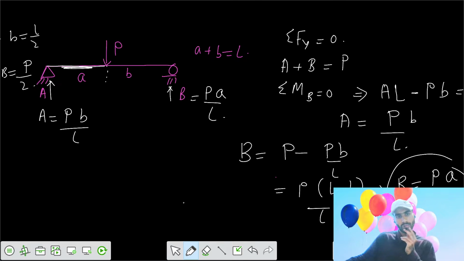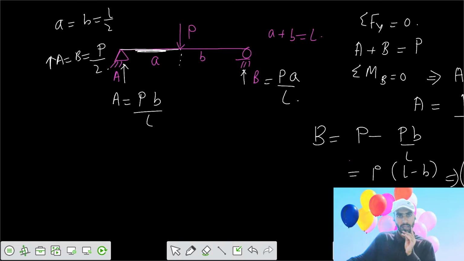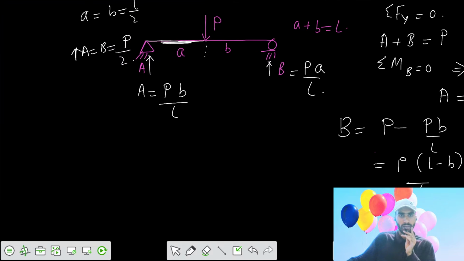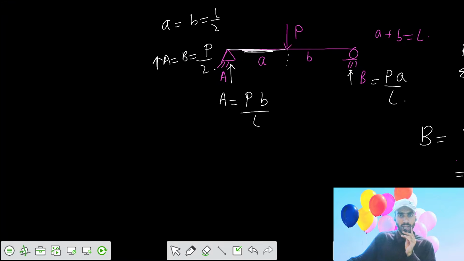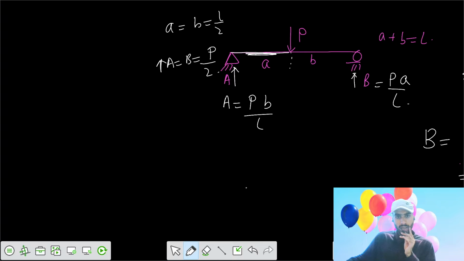Okay, now we have to get the shear force and bending moment diagrams. We can cut the sections, or we can directly create the equation for the diagram. Let's take any x in the region AP first.